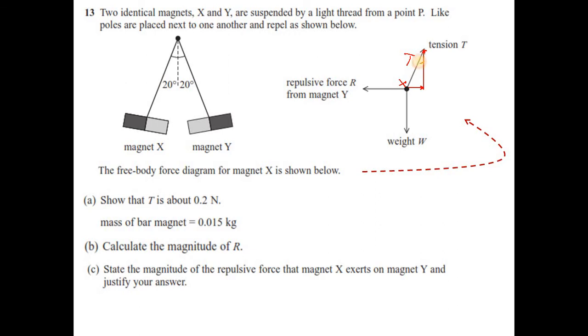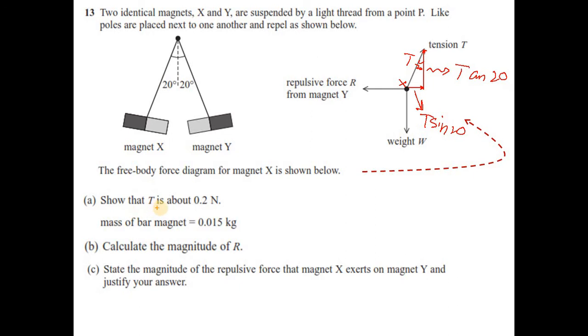So this is T and this angle is 20 degrees. For this right triangle, the opposite component is T sine 20, and the vertical component in the upward direction is T cos 20.